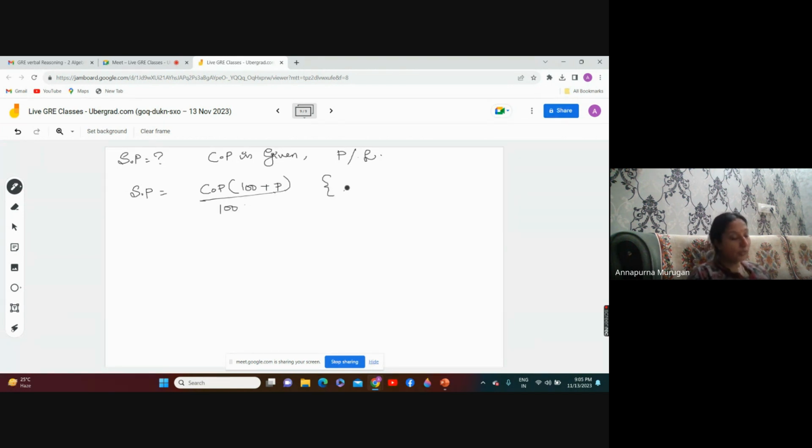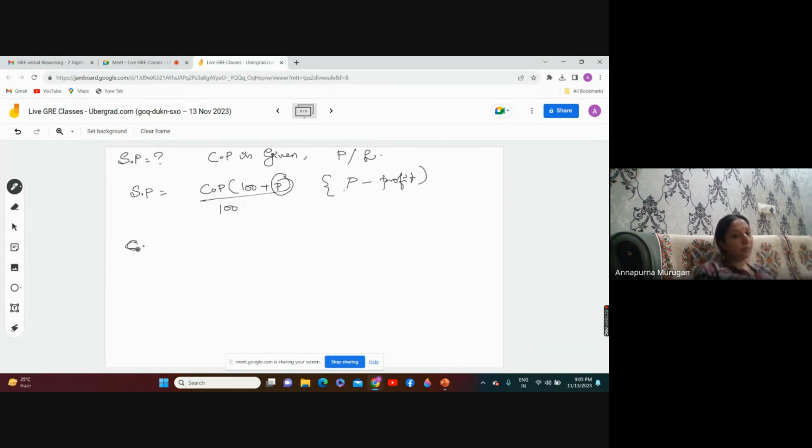Here P is profit. If we have gained a profit and we know the cost price, you can easily find the selling price by taking cost price into 100 plus P by 100.